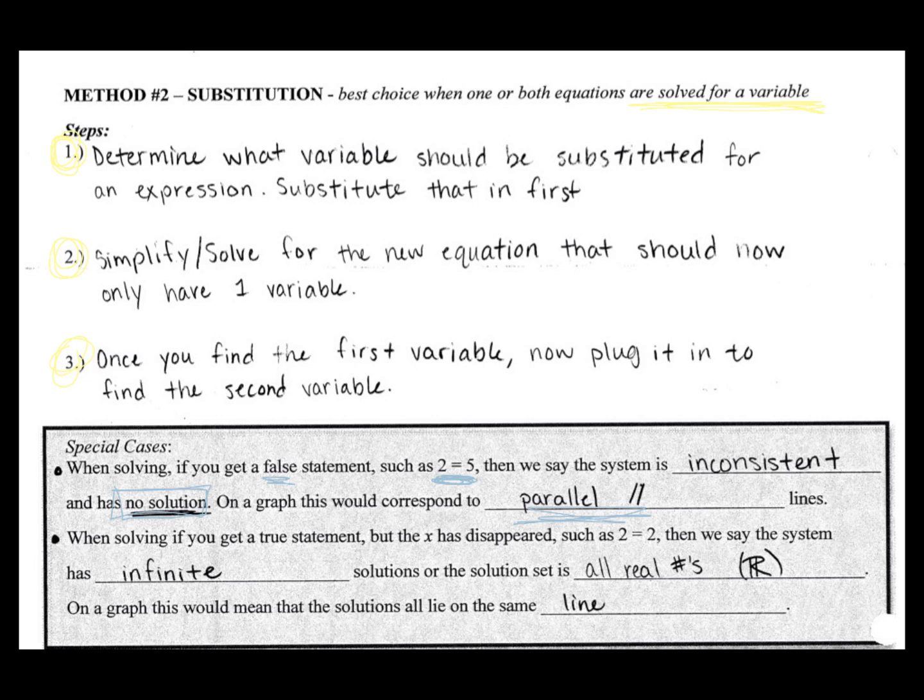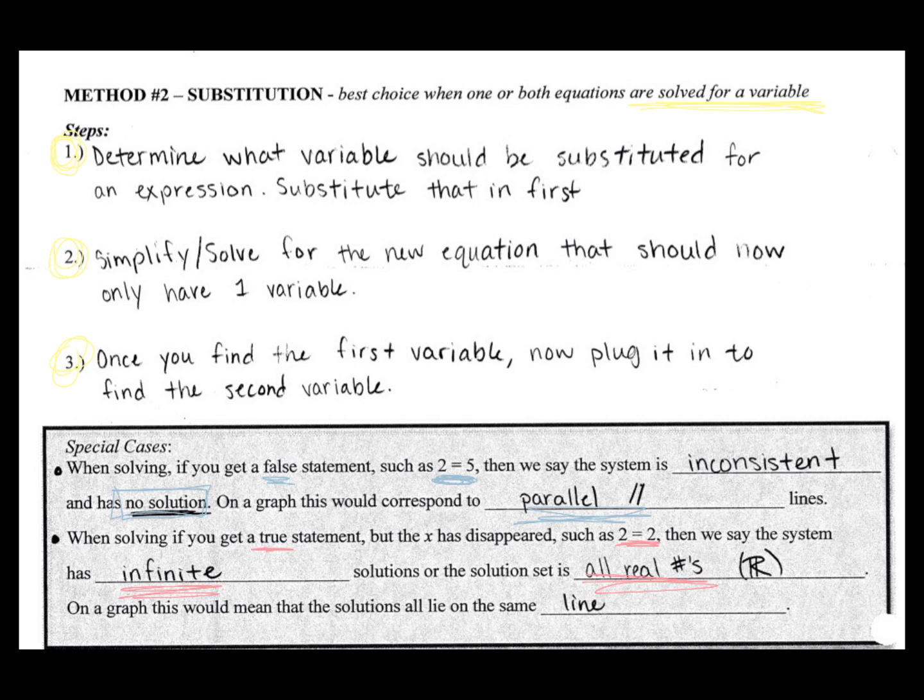The second special case is when you get a true statement, but your variable has disappeared. If you get something like 2 equals 2, or 15 equals 15, or 0 equals 0, something that equals itself, then we say that the system has infinite solutions, or the solution set is all real numbers.